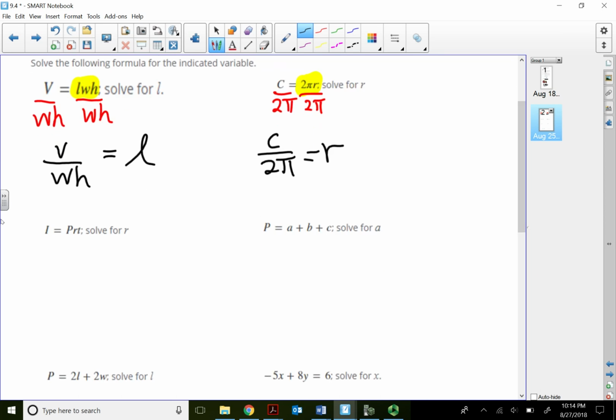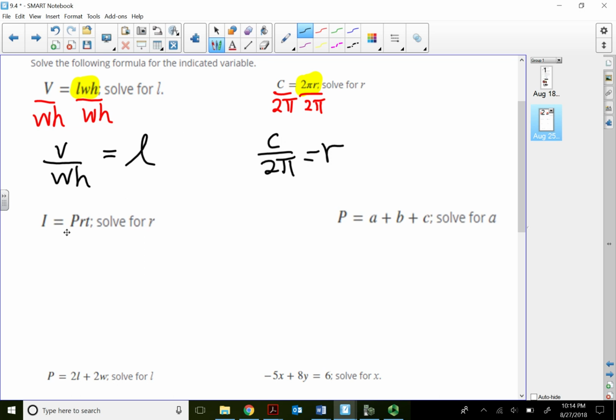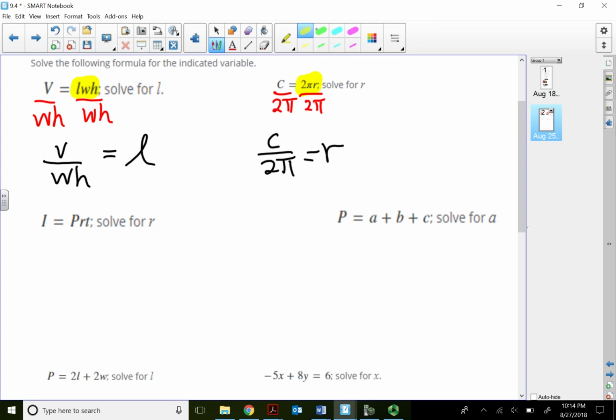I equal to PRT is the simple interest formula. Again, this formula only has two terms, so there are no terms we can combine. There's no parenthesis, none of that. Solving for r means PRT is the variable term.